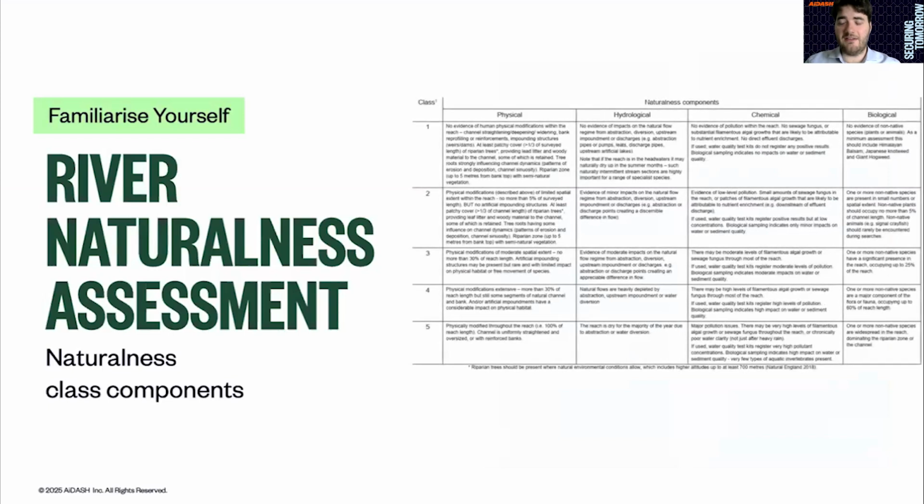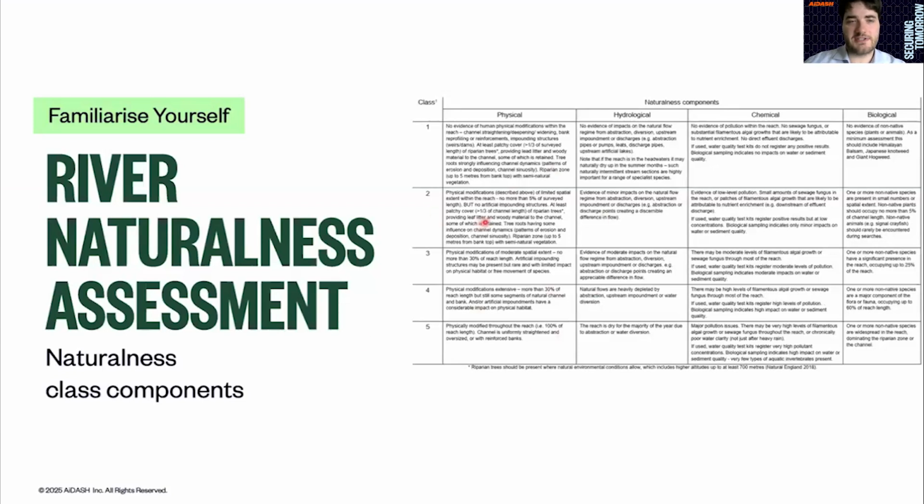If you access the resources by searching for the river naturalness components or going through the links in the statutory metric, I would suggest the links, because searching tends to get you adverts for doing this work, whereas if you follow the links, all the materials you need are there. You'll see that there's this table.